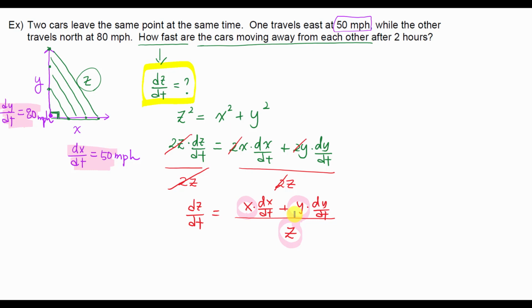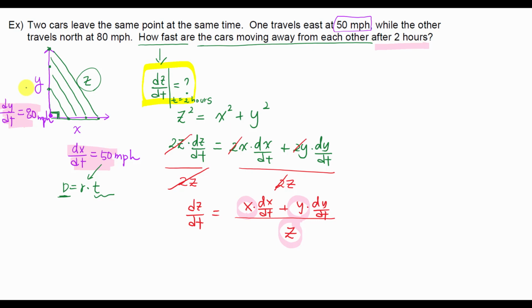Well, there is a hint that we have not used that they gave us in the problem. They were asking how fast the cars are moving away from each other when t is equal to 2 hours, right? And distance is equal to rate times time. So when you have the rate and you have the time, you can find out what x has to be. You can find out what y has to be.